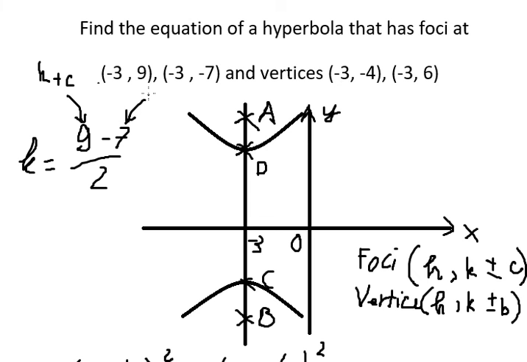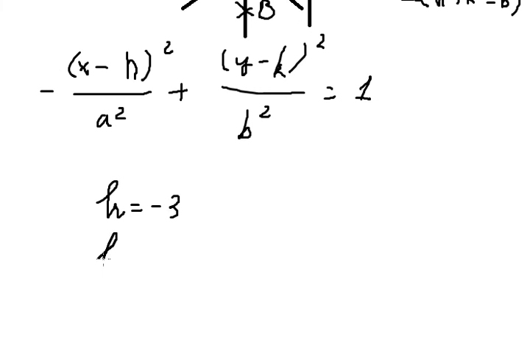This point in here, that's k minus c. c minus c, they cancel. k plus k, you get 2k. That's why we need to divide by 2, you get k. 9 minus 7, you get 2. 2 divided by 2 is 1. So we have k equals 1.